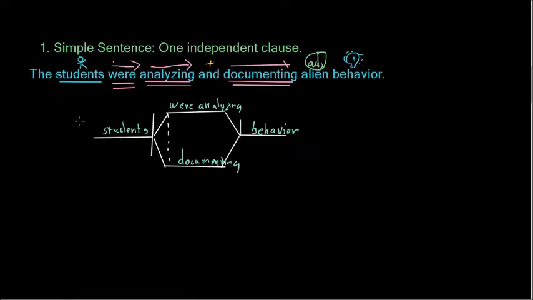Now we need to add our modifiers here. Slanted line under students, we're going to put the article modifier here, the students, and over here we have alien behavior.